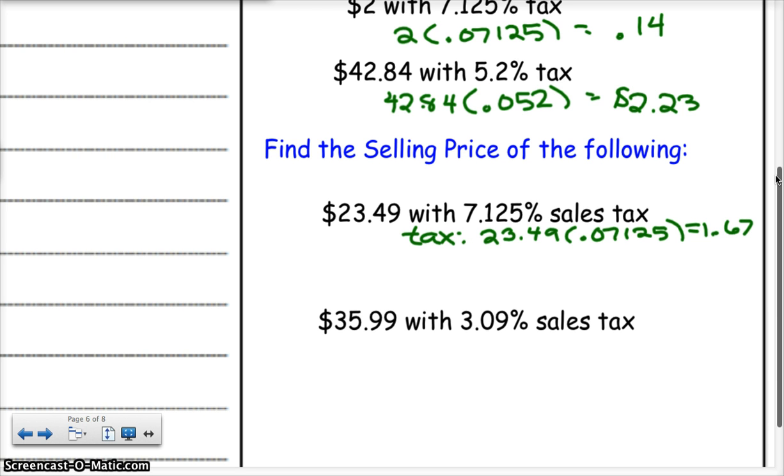So what I'm going to pay is the $23.49 plus the $1.67. My grand total is $25.16.